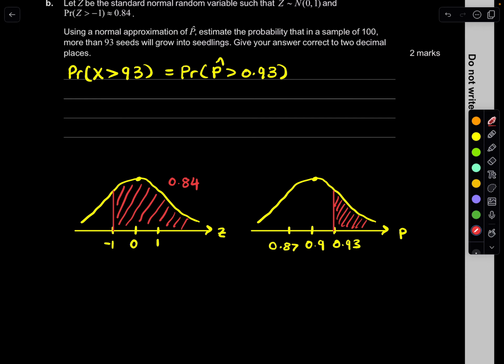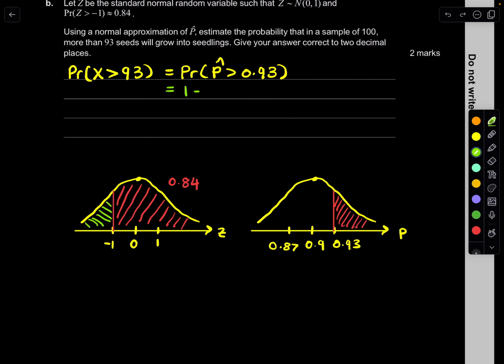Now, because of symmetry, isn't this probability here actually this probability over here? Yes, it is. So all we need to calculate is that probability right over here. Isn't it just 1 minus the probability of this here?